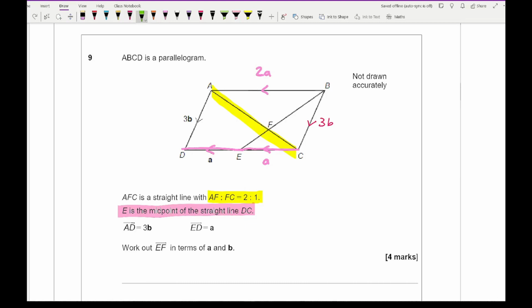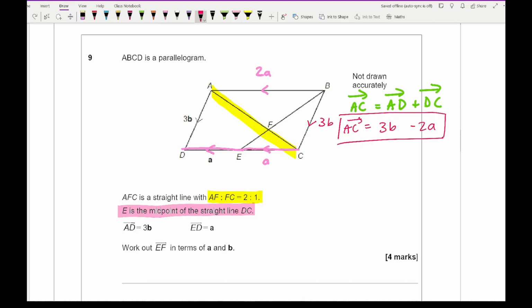So A to C is equal to A to D plus D to C. Then from this, what I can then establish is that A to D is 3B and D to C is going to be minus 2A. So A to C is 3B minus 2A.